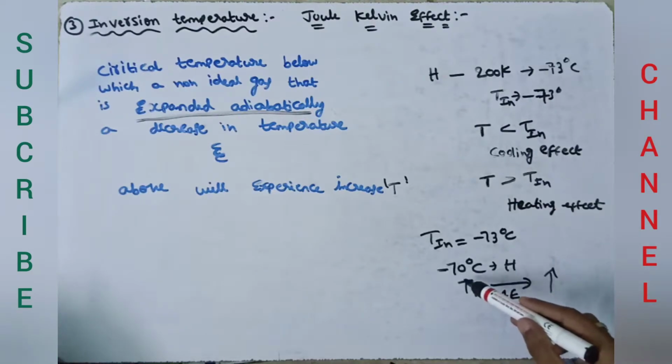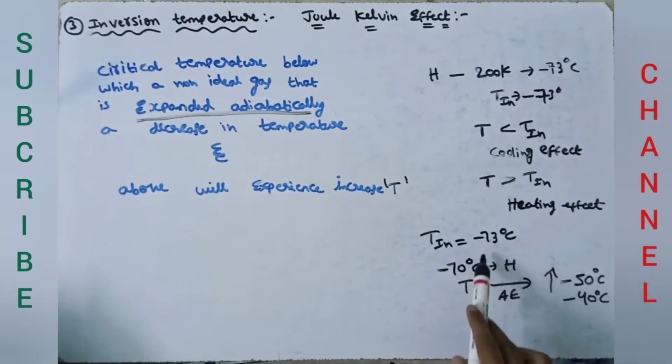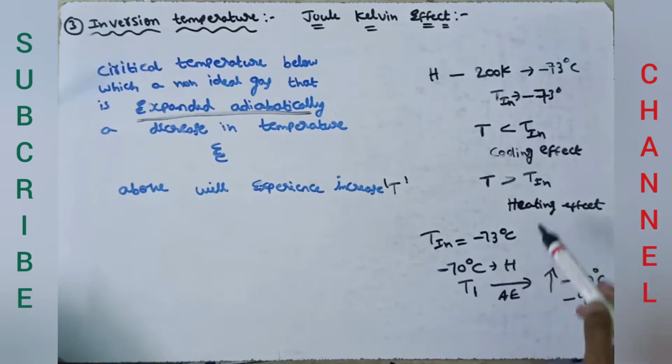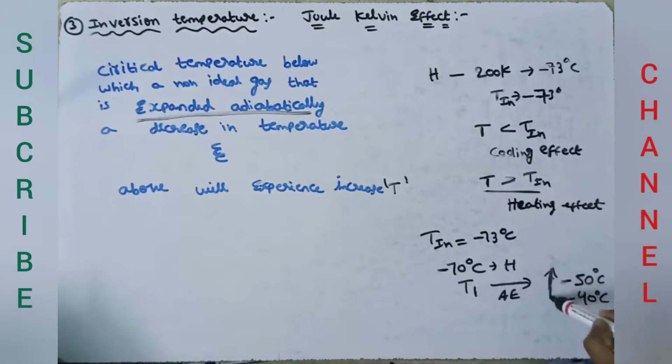The temperature becomes minus 50 or minus 40 degrees Celsius; like this, its temperature increases. Here minus 73 is less than minus 70 degrees Celsius, so its temperature is increasing. In this case, there is a heating effect.